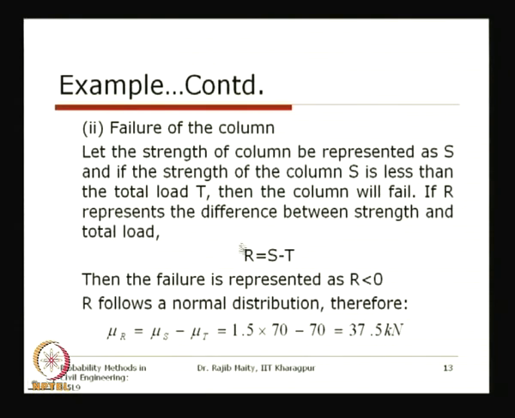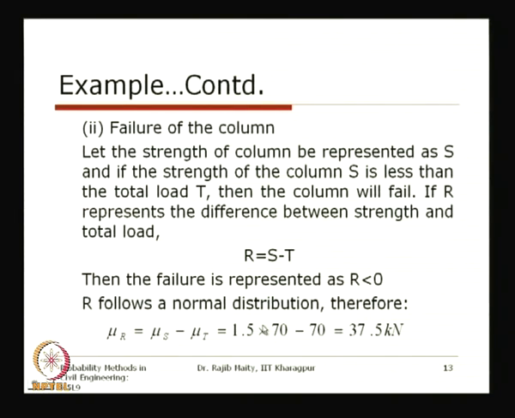We are introducing a new random variable R, which is S minus T. It can be easily seen from this expression that if S is less than T, the column will obviously fail, and R will become negative. So, the failure is represented as R less than 0.